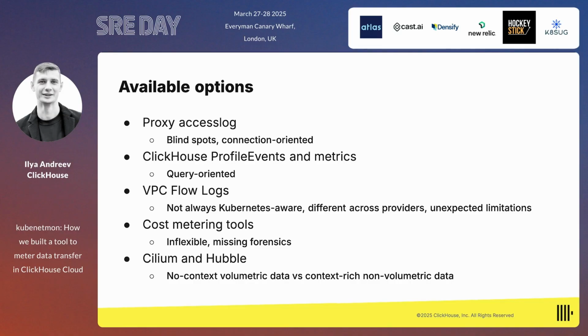One bucket is you get volumetric data, bytes and packets with no context, so you're not going to know which endpoints and origins the data is going from and to. Or you're going to have non-volumetric data with a lot of context. You'll know that this pod is talking to that pod, and maybe you'll even have named port information, but you're not going to know how much data was sent.